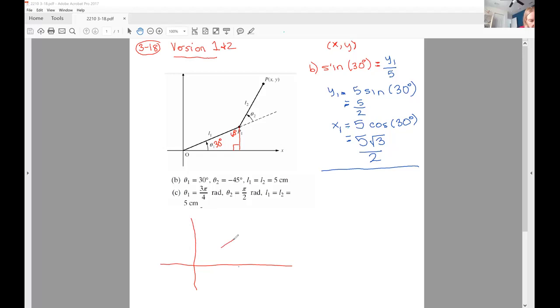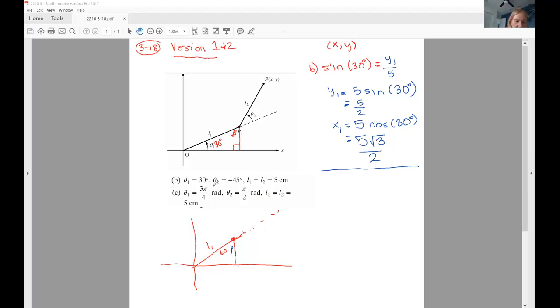So here's my original triangle with L1. Here is P1. And remember, this continues on. So if this is 30, this angle right here is 60. Let me make sure I can explain it properly.